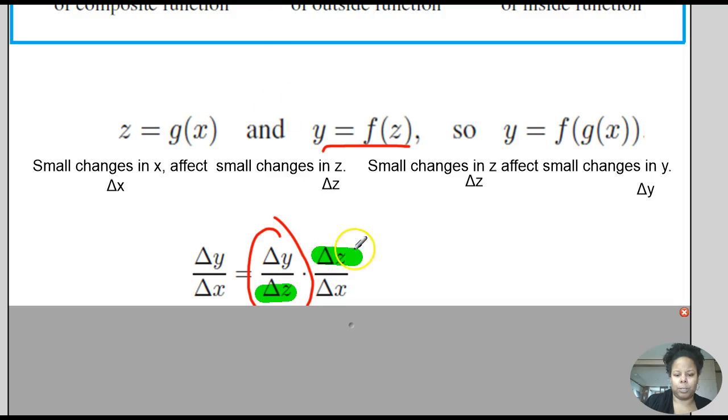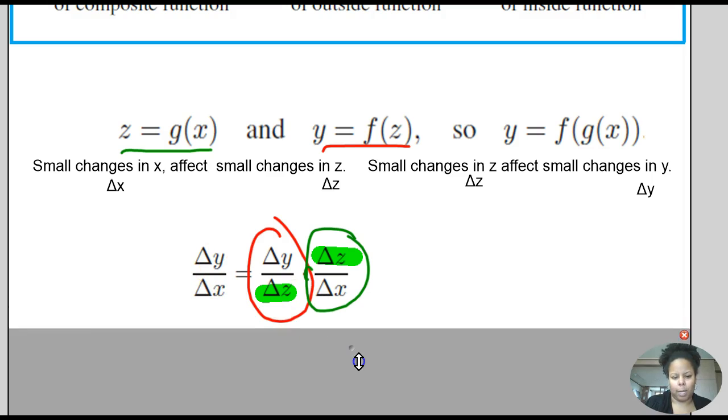The second quotient says as x changes, so will z, which makes sense. When we put them together by multiplying, everyone's change is accounted for, so changes in x will eventually affect changes in y.